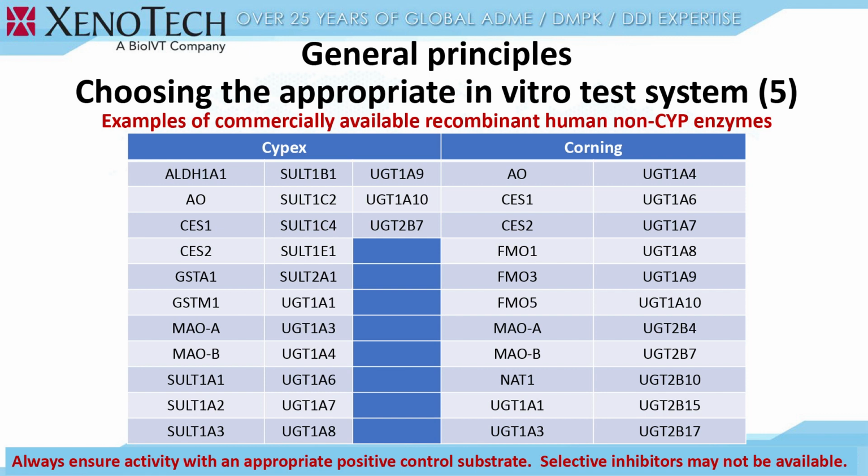And lastly, when looking at recombinant enzymes, as I mentioned before, always ensure activity with an appropriate positive control substrate. And selective inhibitors might not always be available for all of these various enzymes. And we'll touch on the use of selective inhibitors a little further on in the presentation.